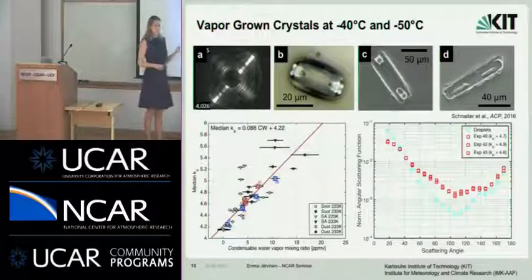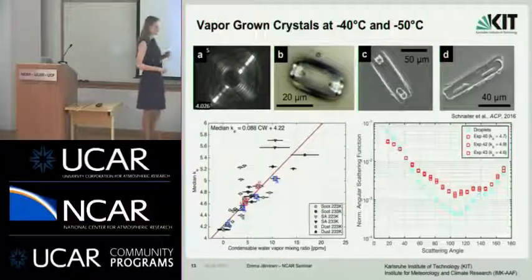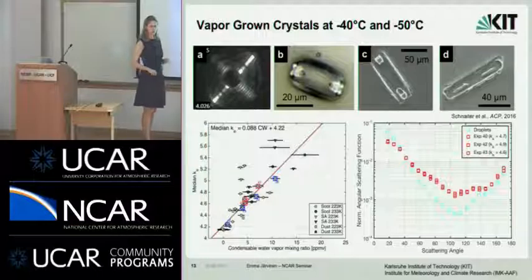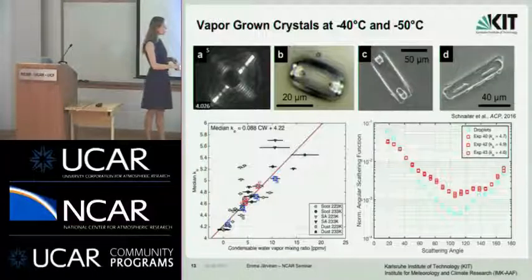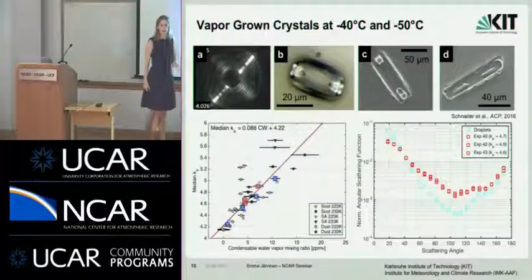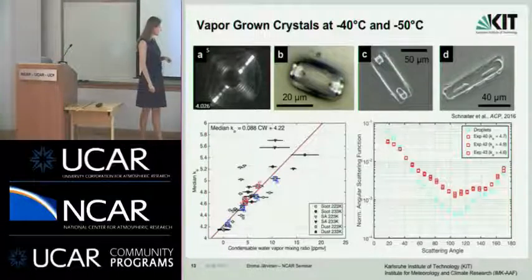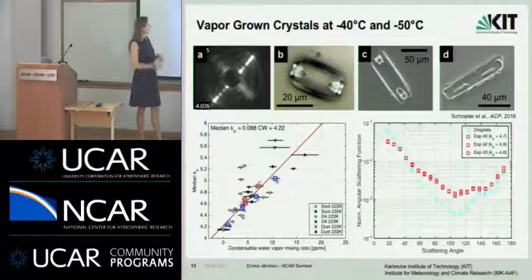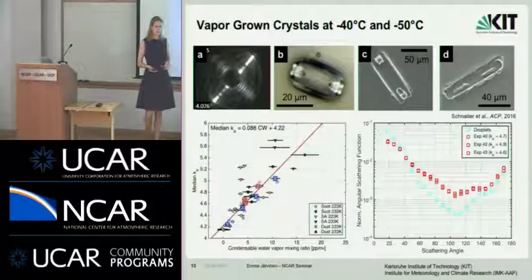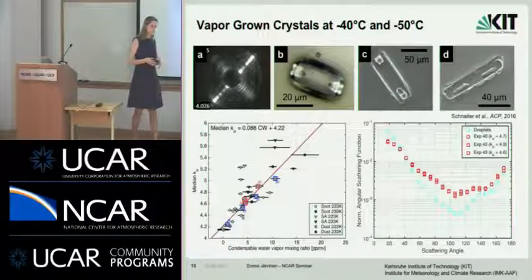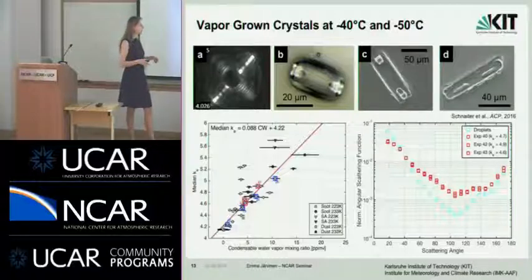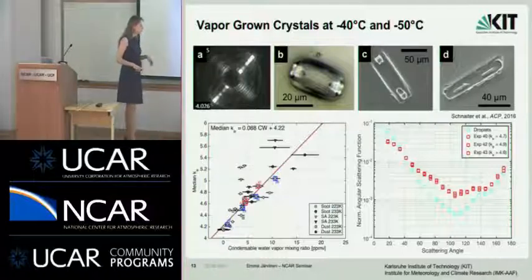So what we see is a flat and featureless scattering phase function with a higher backscattering compared to the droplets. But interestingly, we thought that we should see some difference in the angular light scattering by changing the complexity of the ice crystals, but all of these experiments showed exactly the same scattering phase function. So we thought, as seen in these images, if we have enough complexity within these ice crystals, maybe it's enough to destroy the light scattering properties, and so we would always have one uniform angular light scattering properties.